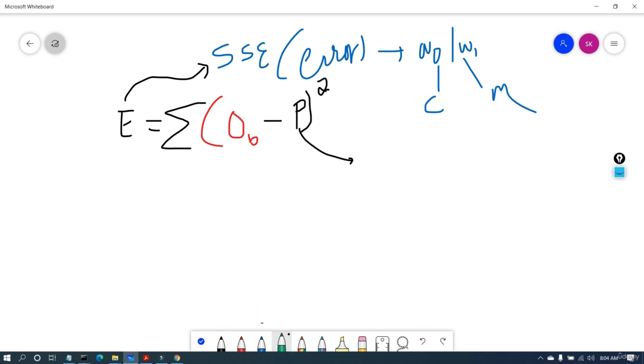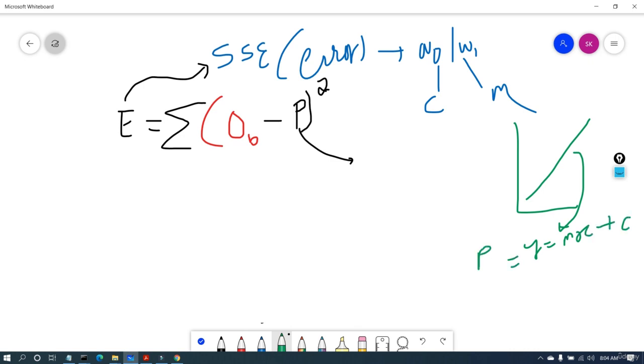The straight line equation is y equals mx plus c, and this is our prediction. Whenever this is a prediction, m is represented as omega 1 and c is omega naught. Put this in place of the predicted value and you will get that value.